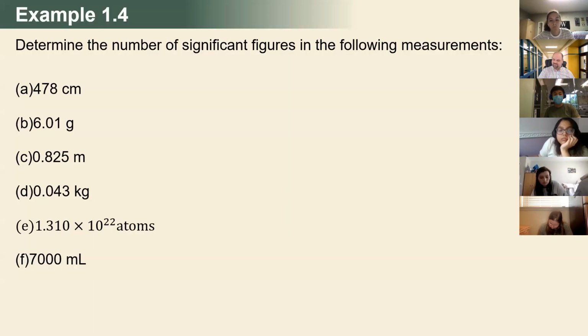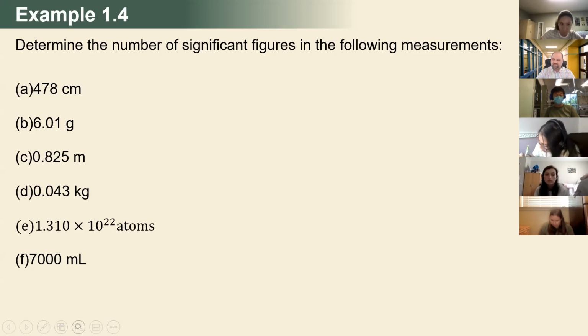So let's practice a little bit, thinking about the number of sig figs in each of these values. So who's got the first one?